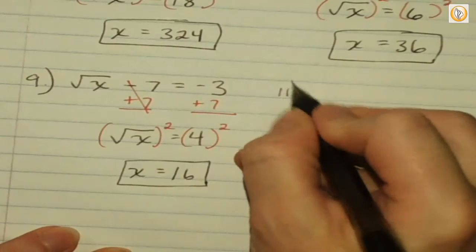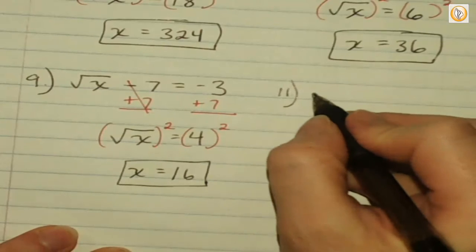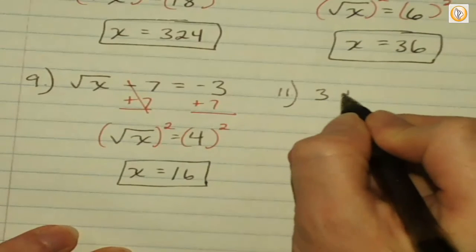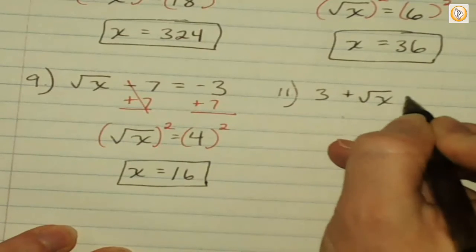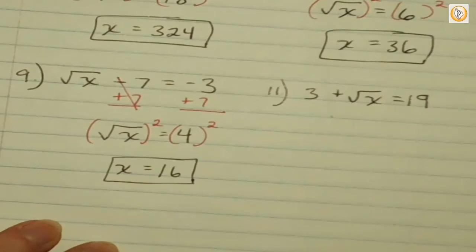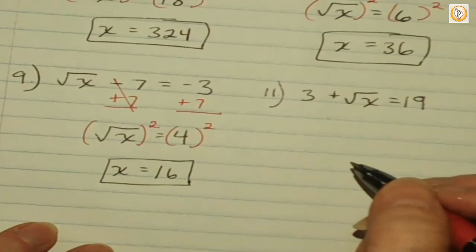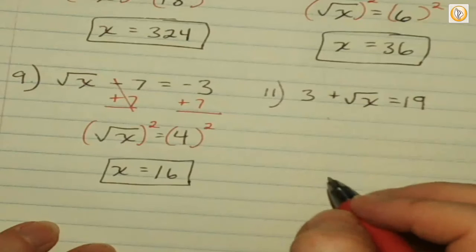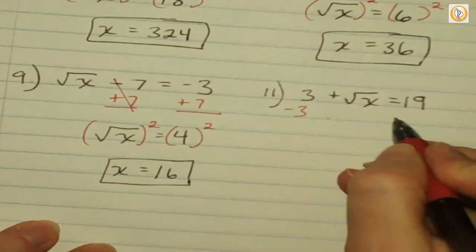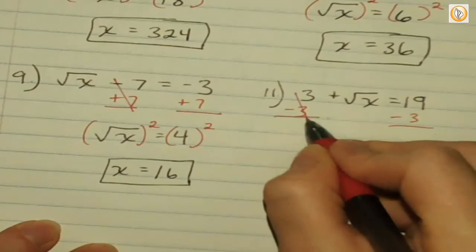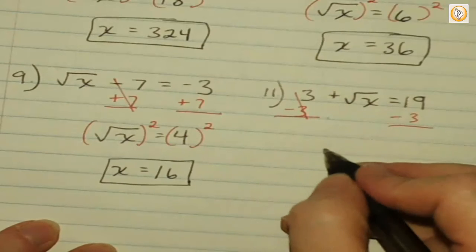Let's do 11. Aiden, 3 plus radical x equals 19. Would you do minus 3? Yep. Tell me what to write.